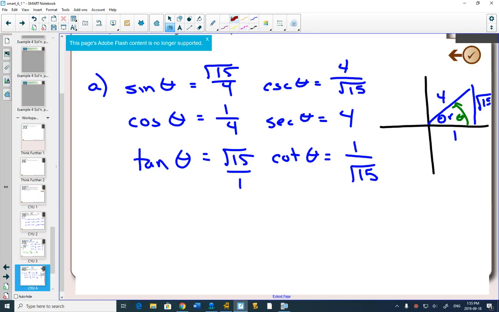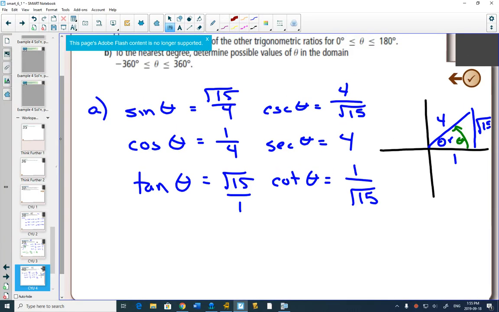But in part A, this was the only information that was given to us. This is the only thing that we started with. Secant of theta was 4. We know cos of theta is 1 over 4. We drew it in quadrant 1 in part A because it said from 0 to 180.